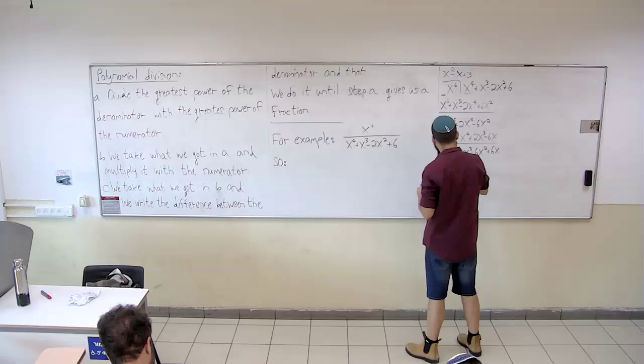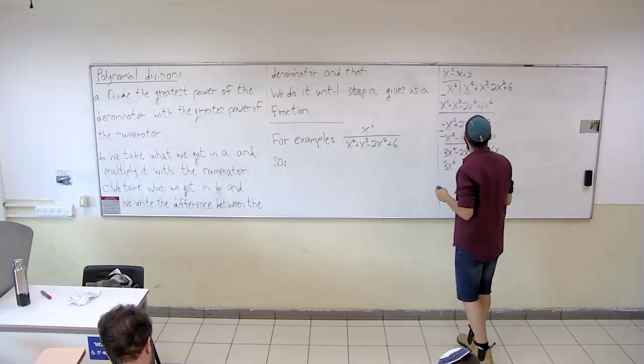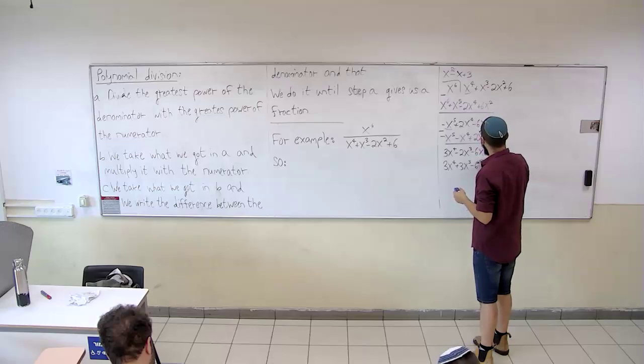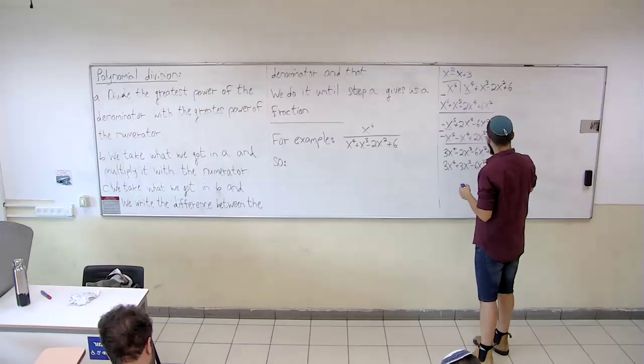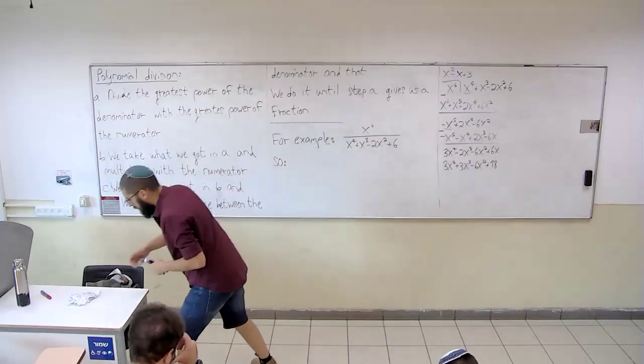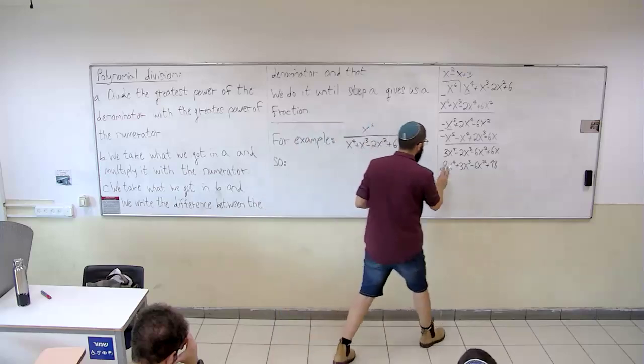Plus 3, we multiply this iteration by our polynomial. We get 3x to the power of 4 plus 3x to the power of 3 minus 6x to the power of 2 plus 18.